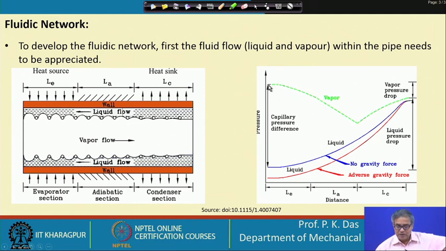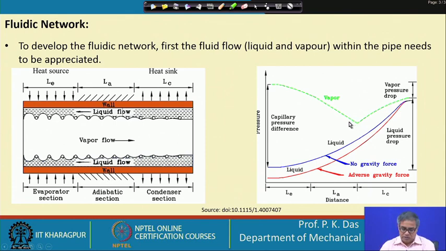For the vapor, what I have shown is that the vapor pressure starts with a high value at the beginning of the evaporator, and then it falls and it comes to some sort of a minimum value at the end of the adiabatic section.